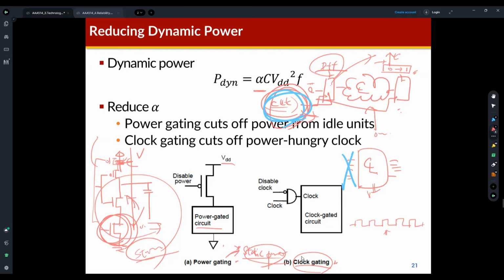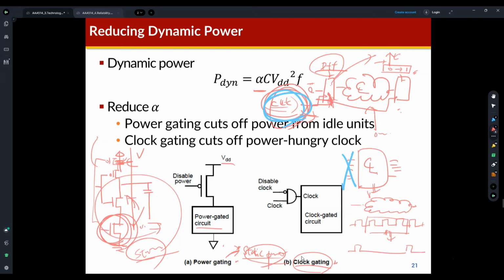So let us assume that during these clock cycles, the input signals for this flip-flop, like a sequential logic, are not changing. Then we don't need to change the clock signal for this period. So we can update the clock signal like this.